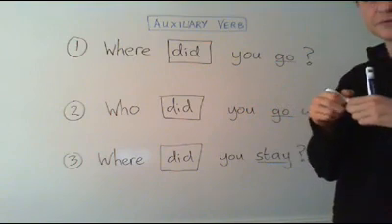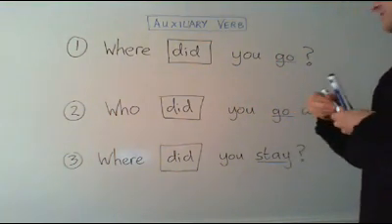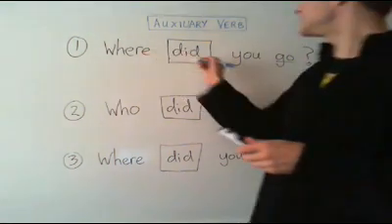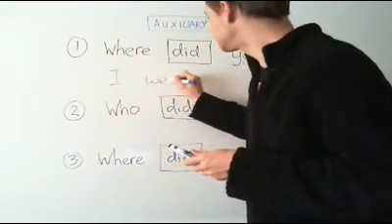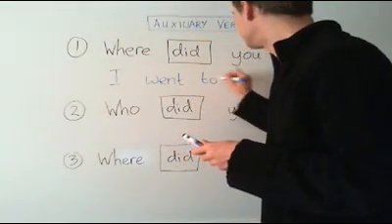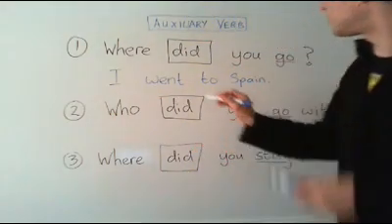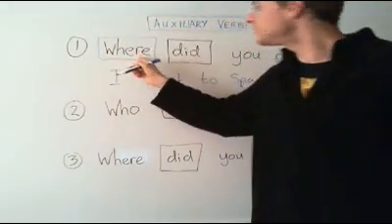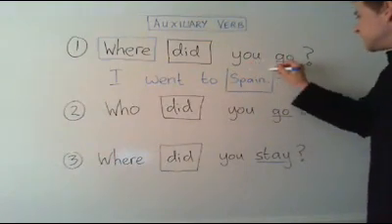Now, to find out if we need an auxiliary verb, we need to answer the question to make it very clear. So, where did you go? Maybe I went on holiday. I went to Spain. Now, I want you to notice that we answer this question with the last word in the sentence.